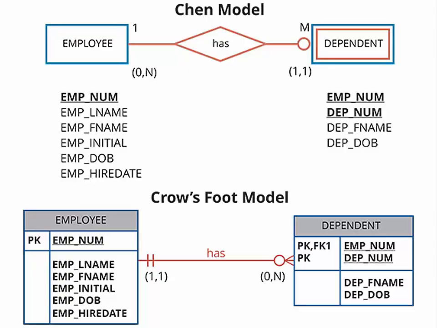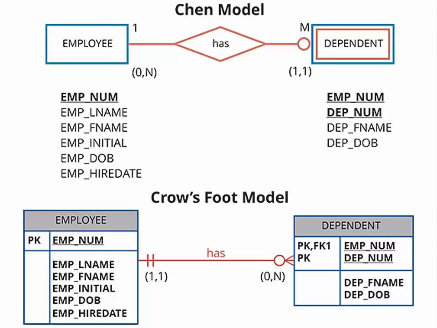Sometimes you don't show all those columns, but with crow's foot, most likely you're going to show all individual columns, as well as the primary keys indicated. And you are using those symbols on the right side. If you look at those, like an animal's foot with the three things going in, that's why they call it the crow's foot model, meaning that's the many side of the relationship.